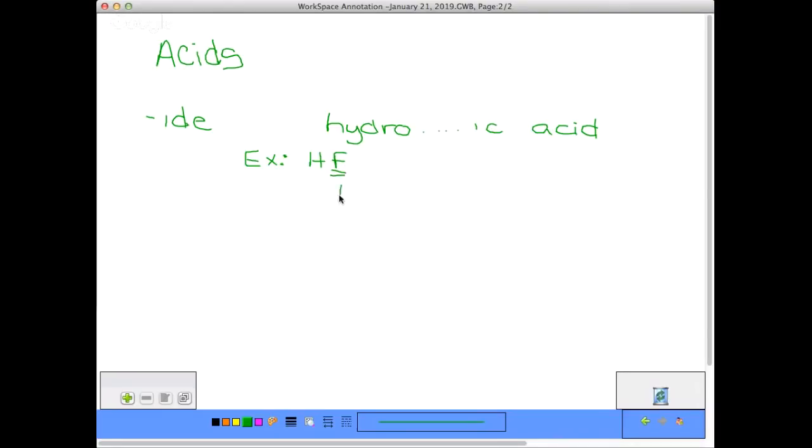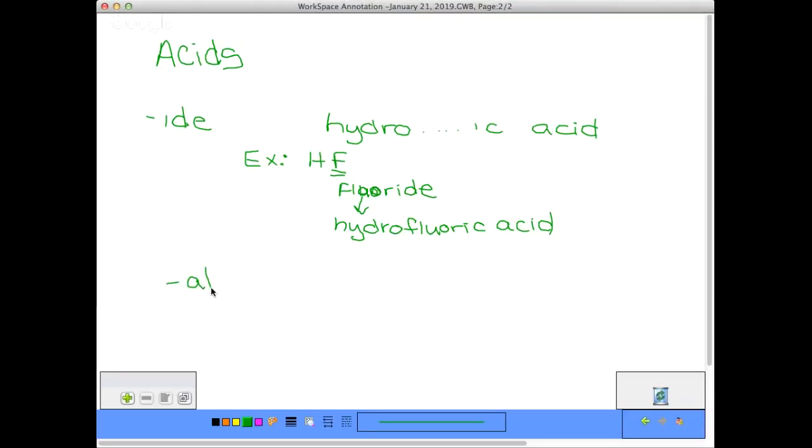This is fluoride. And so this acid becomes hydrofluoric acid. And I spelled fluoride wrong, sorry, you guys. So hydrofluoric acid. So that's if it ends in ide.